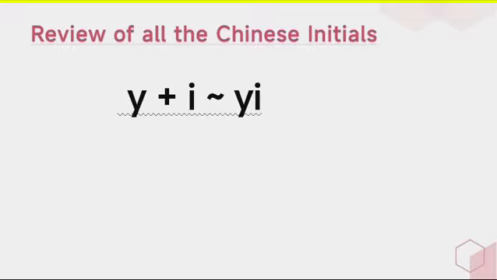In addition to the initials, there are two semi-vowels used to help the vowels to form syllables. The first one is E, which sounds similar to the English semi-vowel E in words like yeah, yes.